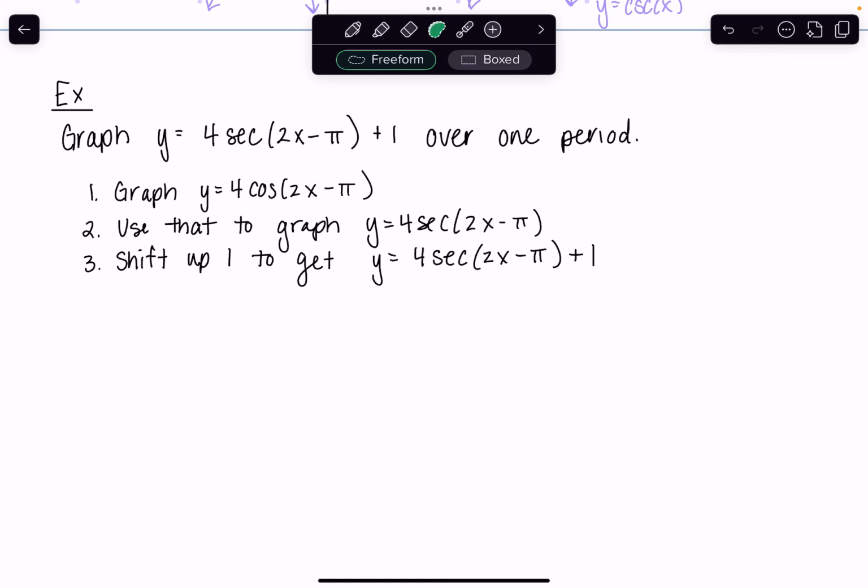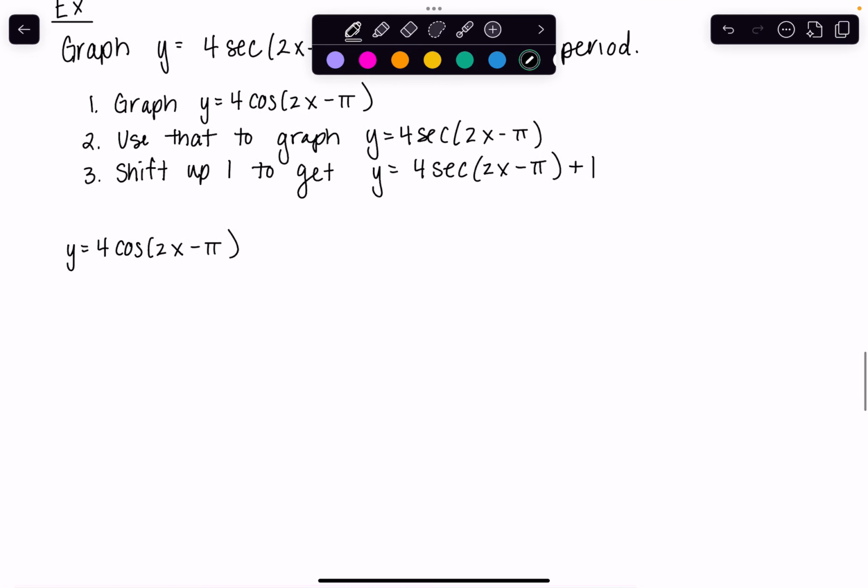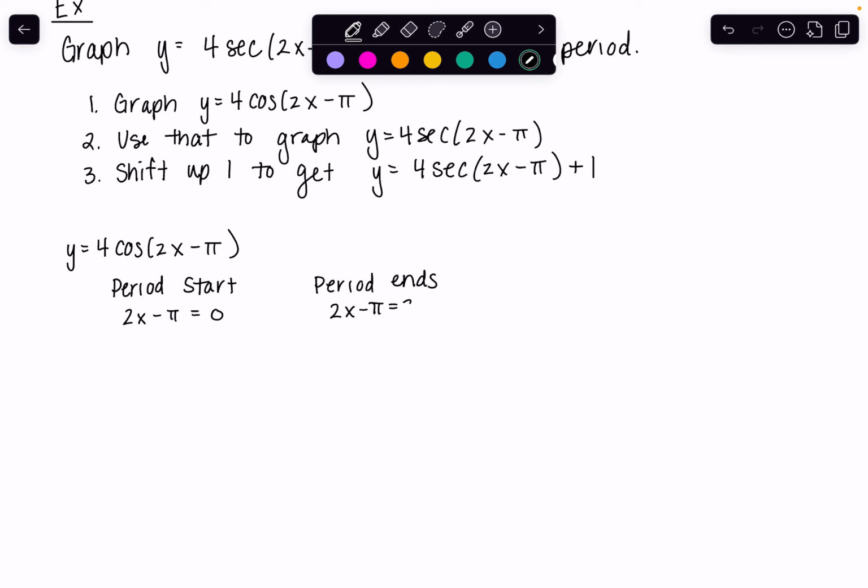So let's start with the graph of this function. I again need to figure out, because I've got that phase shift in here, remember it's really going to be this divided by b, but the opposite sign. But again, I like to just fully figure that out. Our period is going to start when the inside is equal to 0, and then our period ends when the inside is equal to 2 pi.